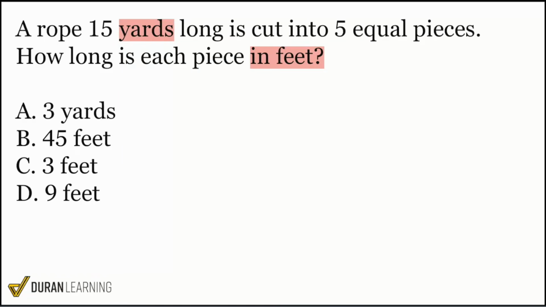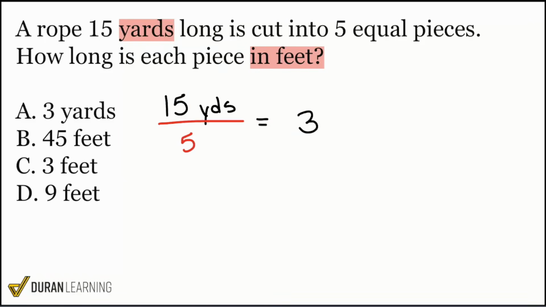So when we have 15 yards divided by 5 to make 5 equal pieces, what do we end up getting? Yeah, we end up getting 3, right? And if you dive in head first, saying 15 cut into 5 equal pieces means divide by 5, I got 3 and I'm done, that's how you get got.